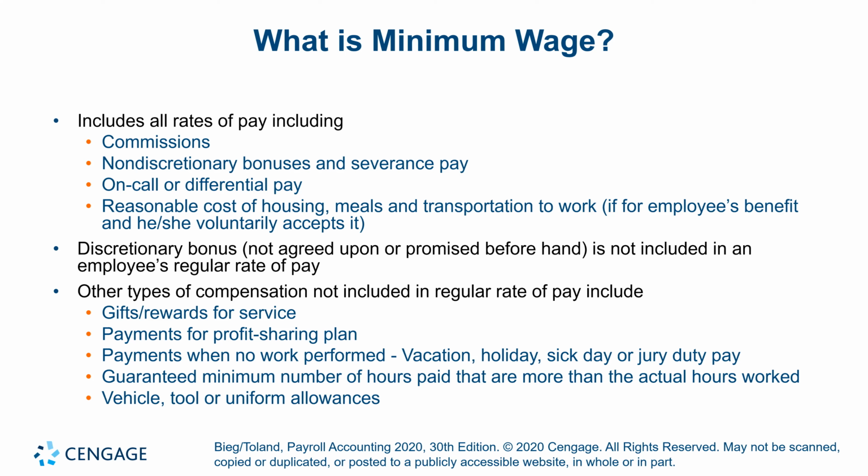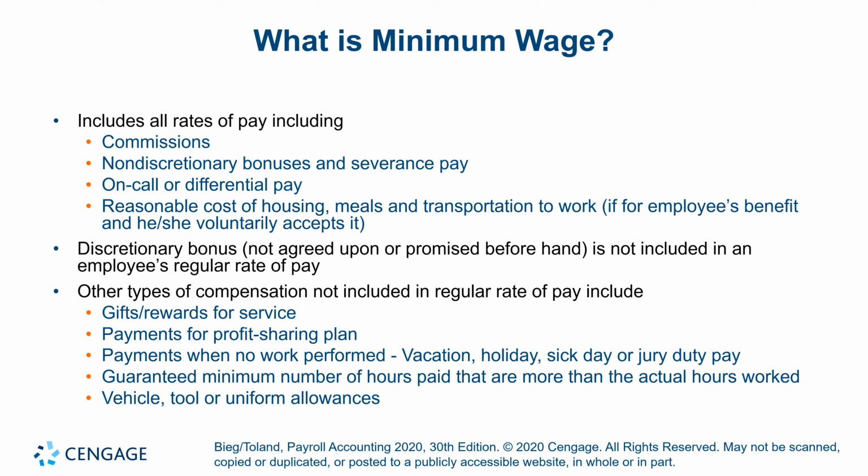There was a shift differential. And that's normal for second shift, third shift, overnight workers, things like that. So reasonable cost of housing, meals, and transportation to work. And these have to be for the employee's benefit and voluntary, agreed upon and accepted, basically.